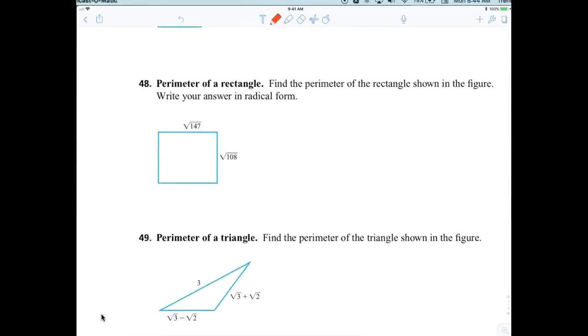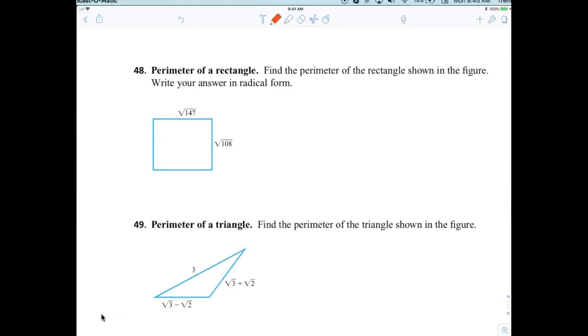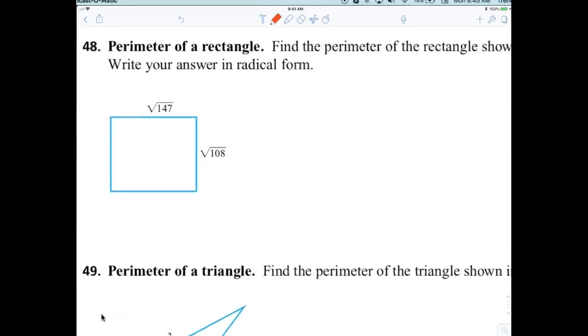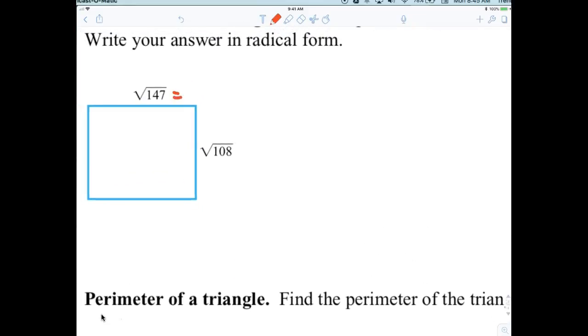Okay, here we go. Now we're going to find the perimeter. All right. Now, 108 and 147. 147 is kind of hard for most kids because they don't see that that is 49 times 3.